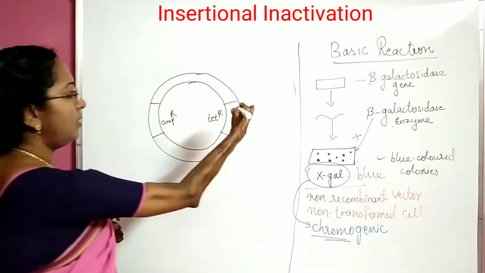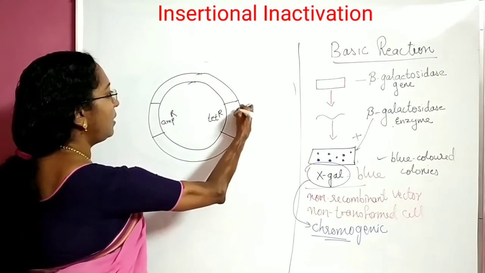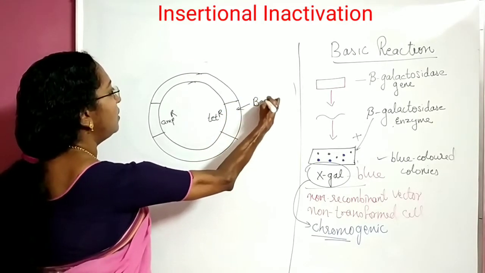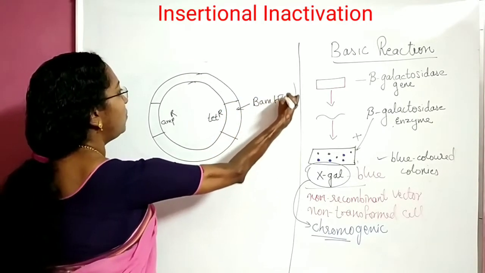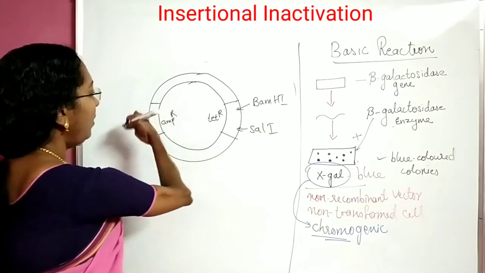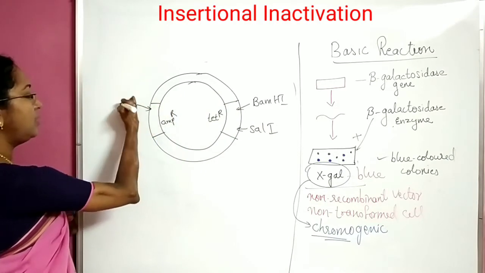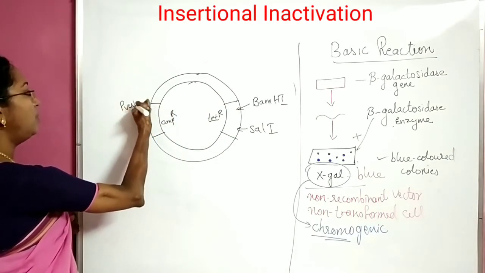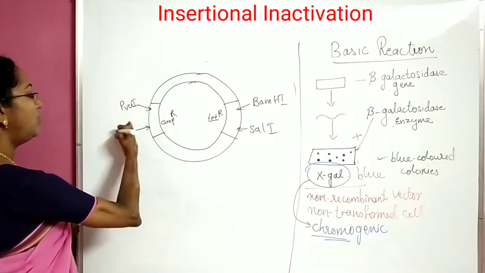And the tetracycline resistant region, as I have told you, can be cut with the restriction enzyme BamHI or SalI. And the ampicillin resistant region, we can do it with PvuI or with PstI.